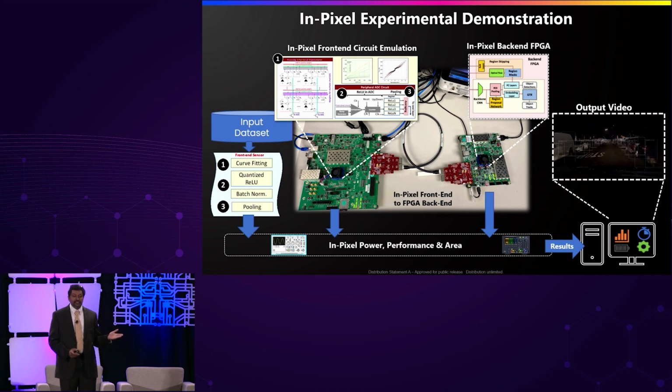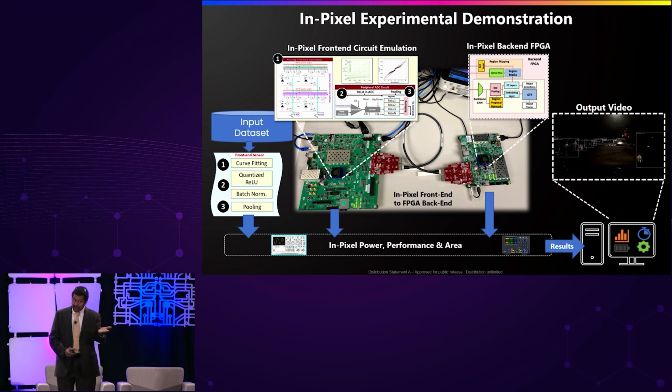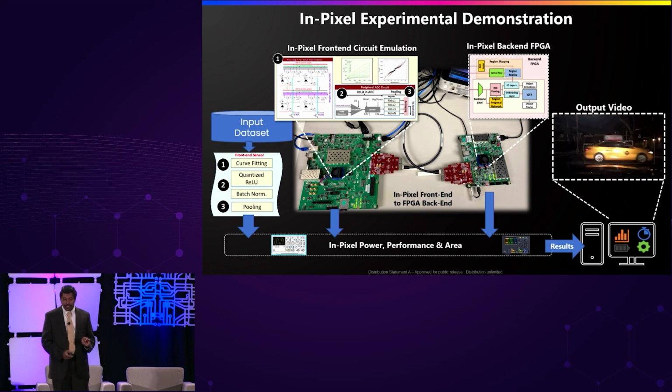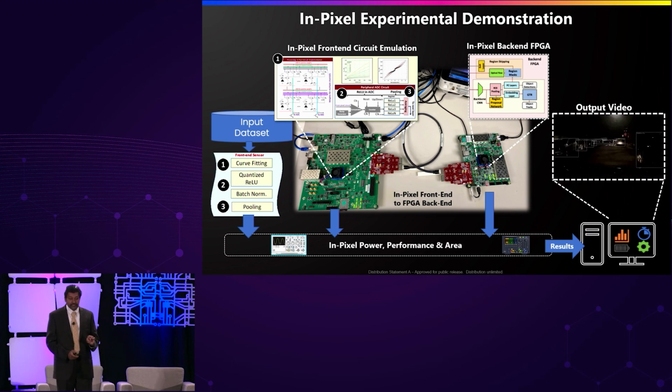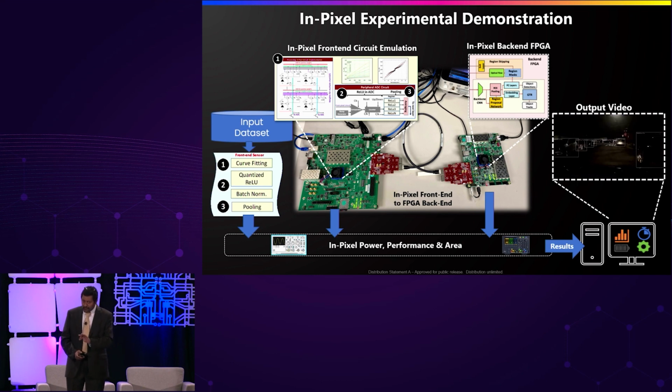So the back-end FPGA receives the data from the front-end sensor layers and accelerates the remaining neural network layers. So we built a synthesizable framework from PyTorch to elucidate the PPA metrics using efficient FPGA bit streaming. And we use this platform to evaluate practical demonstrations of the in-pixel computing paradigm.